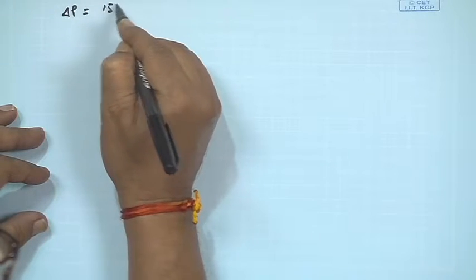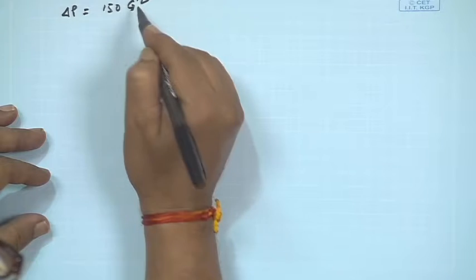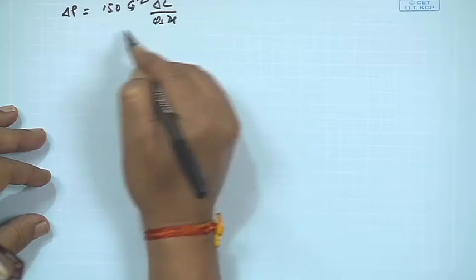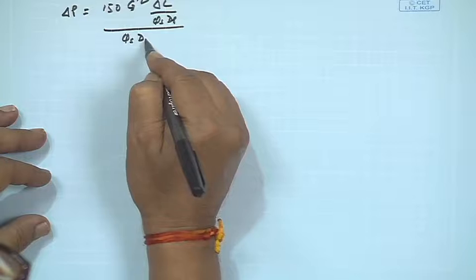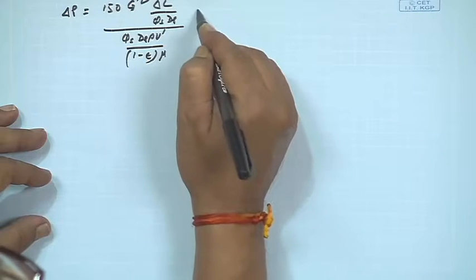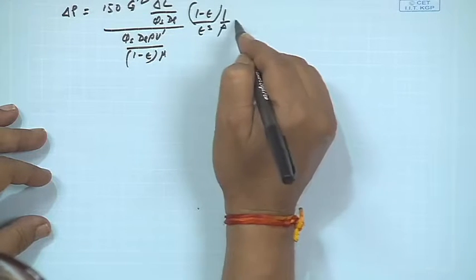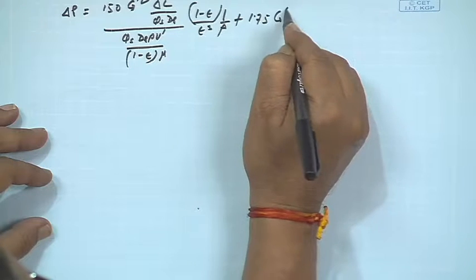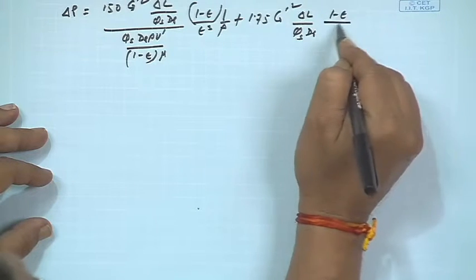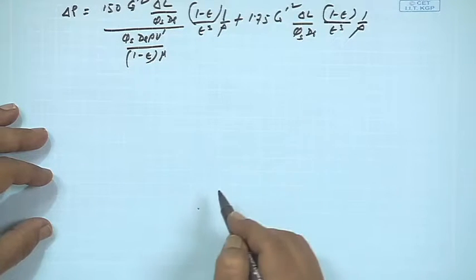So, our original was 150 g prime square into delta L by phi s dp by phi s dp rho v prime over 1 minus epsilon into mu, right, 1 minus epsilon by epsilon cube into 1 by rho plus 1.75 g prime square into delta L by phi s dp into 1 minus epsilon by epsilon cube into 1 by rho, right.